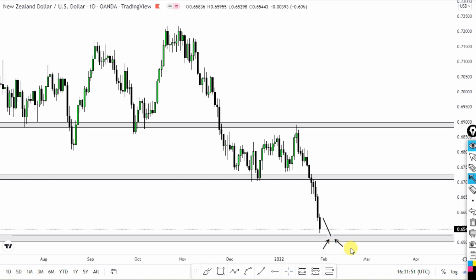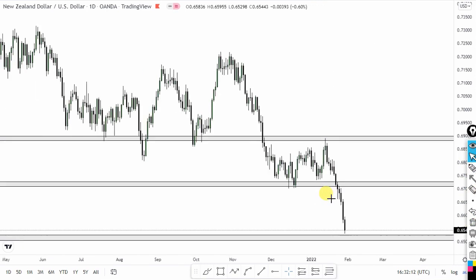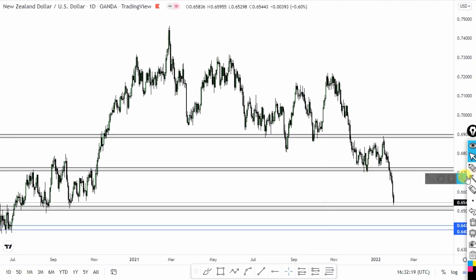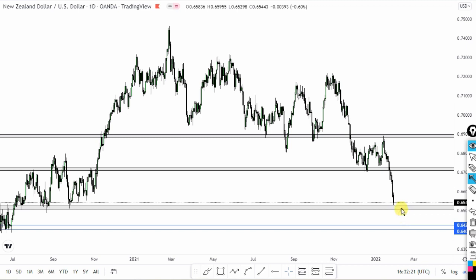Trade this support zone after getting bullish evidence. And this resistance will be our target. Now watch our second scenario.